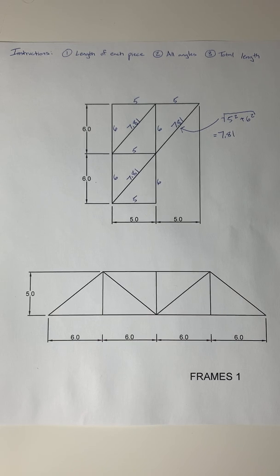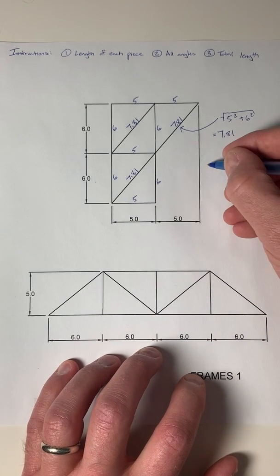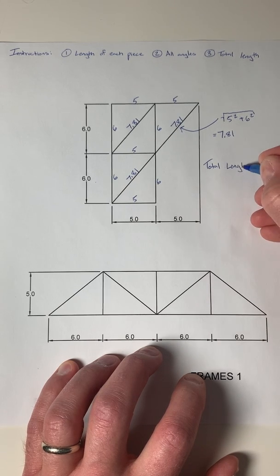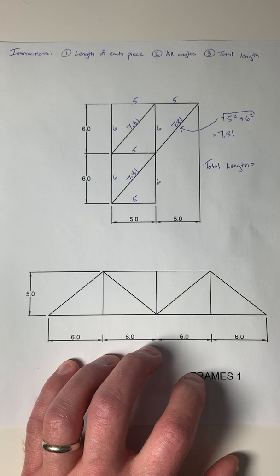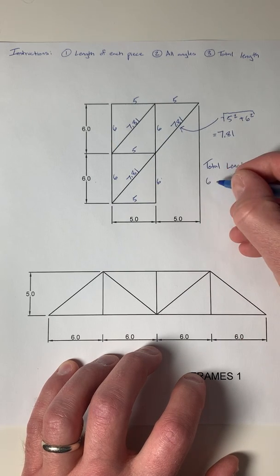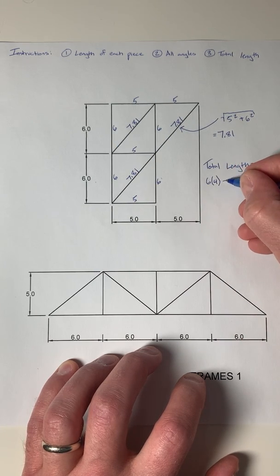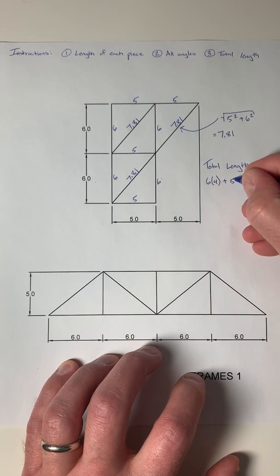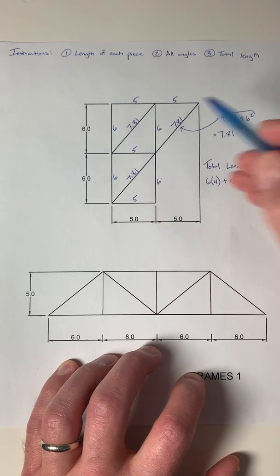Finally, I'm going to calculate the total length of material necessary to complete that frame. So first of all, I'll count up how many 6s I have. 1, 2, 3, 4. So we'll write down 6 times 4. How many 5s? 1, 2, 3, 4. And then how many 7.81 diagonals? 1, 2, 3.